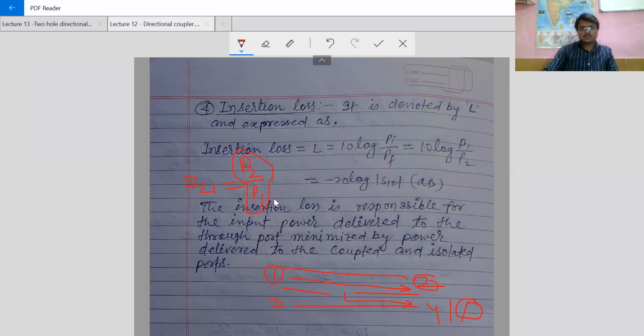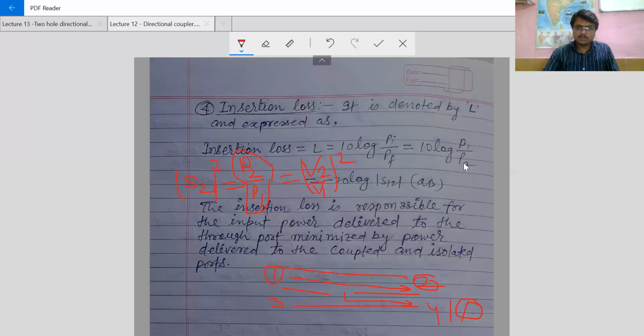Actually, S21 squared is P2 upon P1, because S21 is V2 upon V1, and if we square V2 upon V1, we get P2 upon P1.